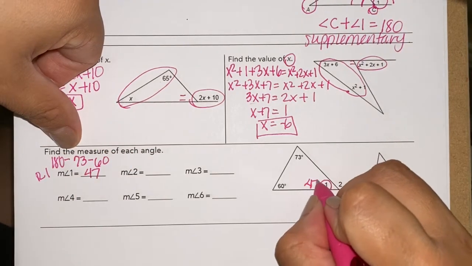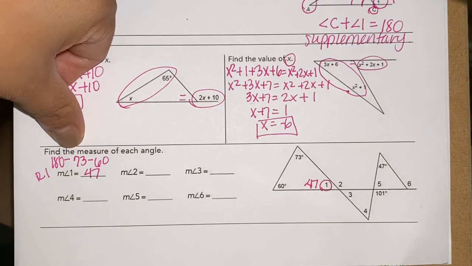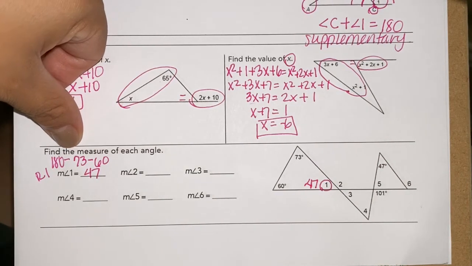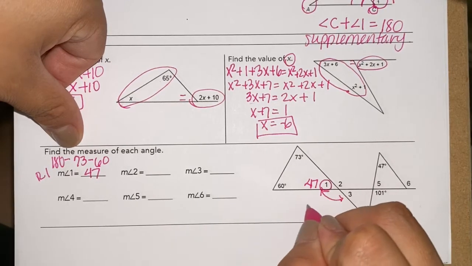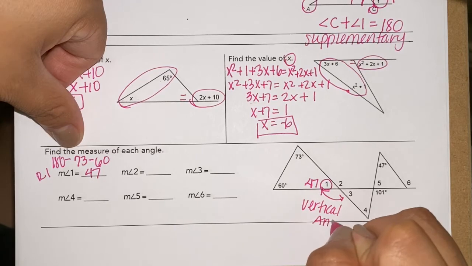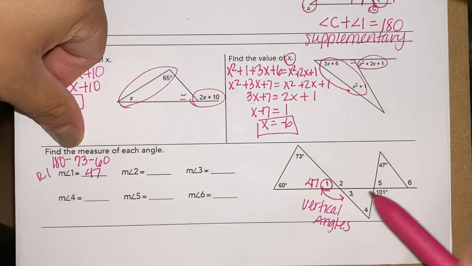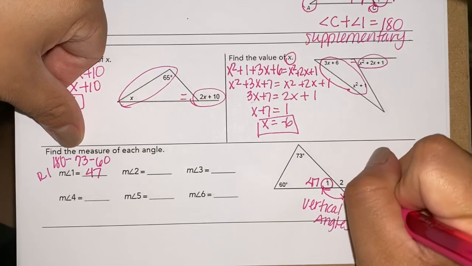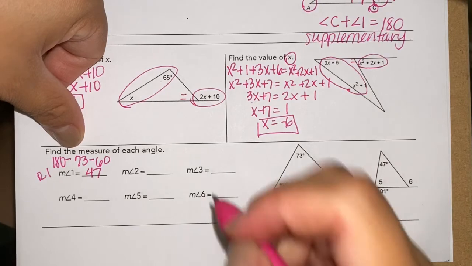I have 47 degrees right there. I also know that angle 1 and angle 3 are vertical angles. So whatever the value of angle 1 is, that's the value of angle 3. So this is also 47. So angle 3 is 47.